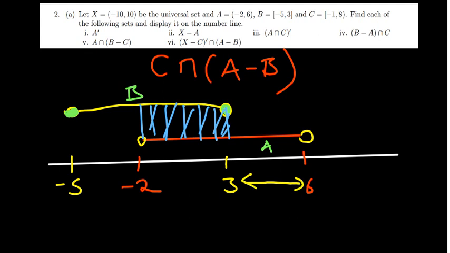Now notice that that part of B is shaded, so what remains is from 3 all the way up to 6, not shaded. That is our A minus B. We've removed the B from A. Any question there?